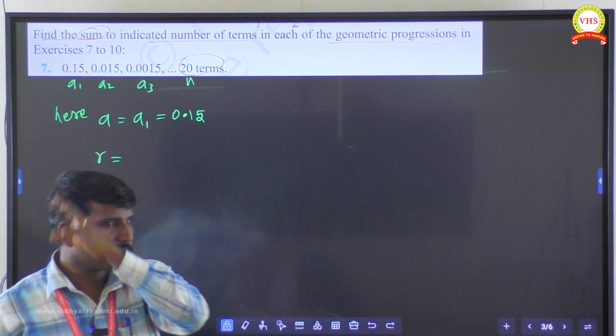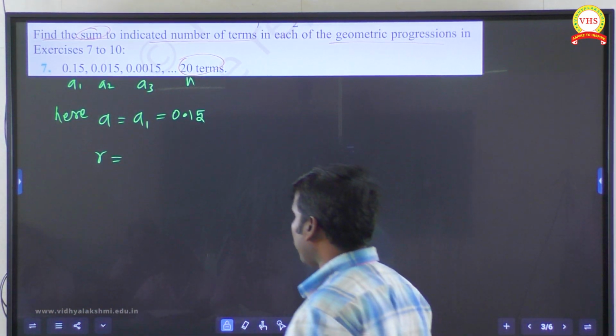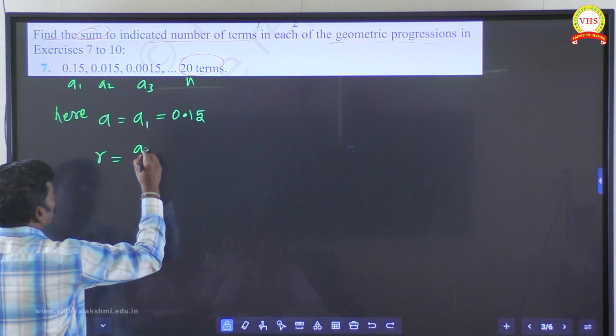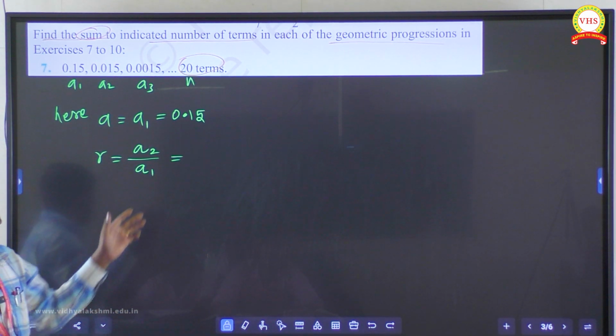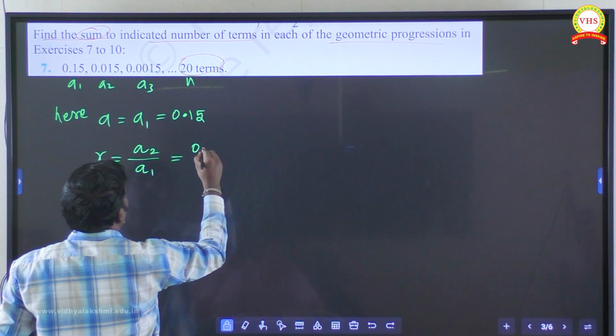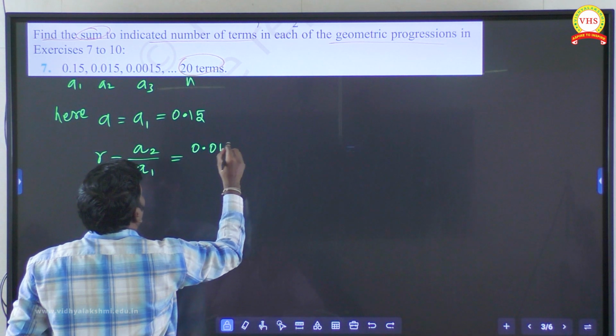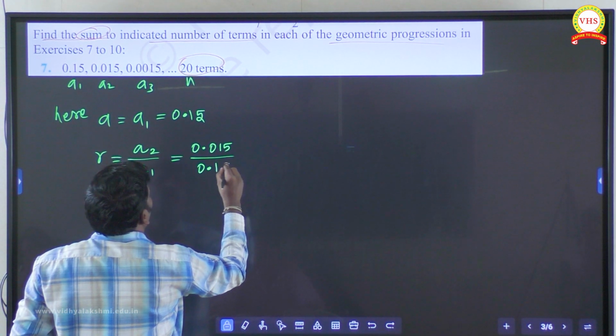Harsha, can you tell me that? Very good, a2 divided by a1, that is term 2 divided by term 1. Then only you will get the common ratio. Term 2 is given as 0.015, divided by a1 value 0.15.